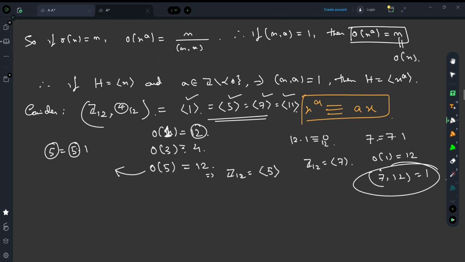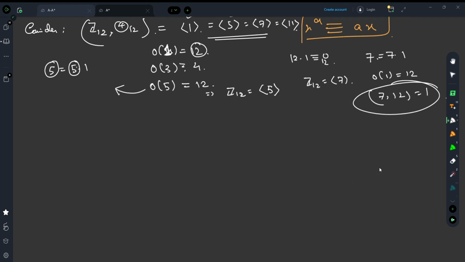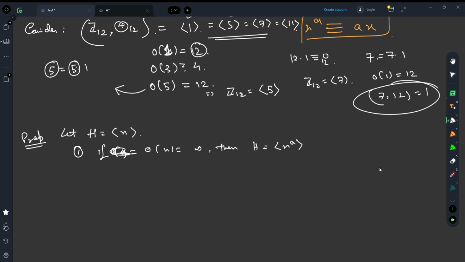Correct. This brings us to one very important proposition. This can be thought of as a corollary as well. So the proposition is of this sort. Let H be the subgroup generated by X. Number one, if the order of X is infinite, then H can be generated by X to the power A if and only if A is equal to plus or minus 1, right?